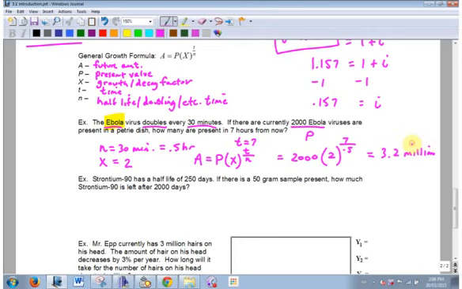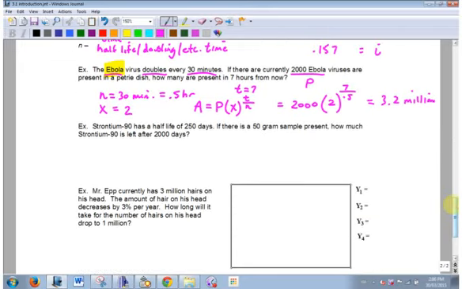A lot of Ebolas. Is Ebola plural for Ebola? I think it is. Ebolas? Okay, whatever. So, like I said, if you went 2,000 doubled 14 times, you'll get the same thing.